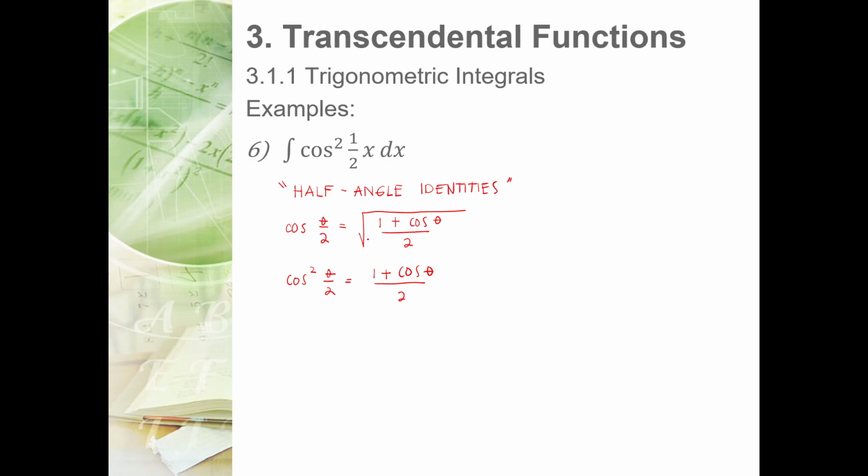So murag eliminate lang ang radical symbol by squaring everything, so nahimo ng cosine squared ang isa. Then the right side, wala na siya radical expression anymore.